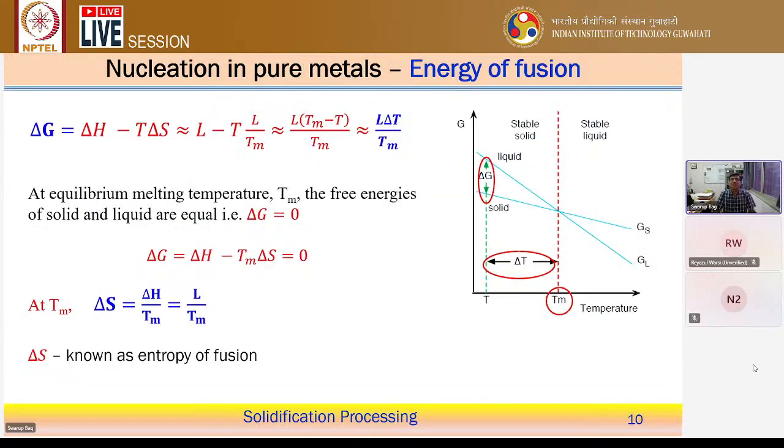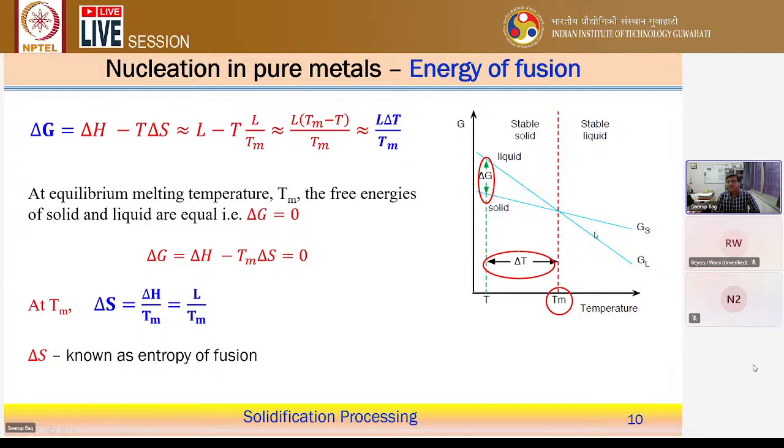So here we can see nucleation in pure metals in this way. If you follow this figure, we can see a very small temperature range. The x-axis is the temperature and the y-axis is the Gibbs free energy. We have already explained how the Gibbs free energy changes for the liquid phase and the solid phase.